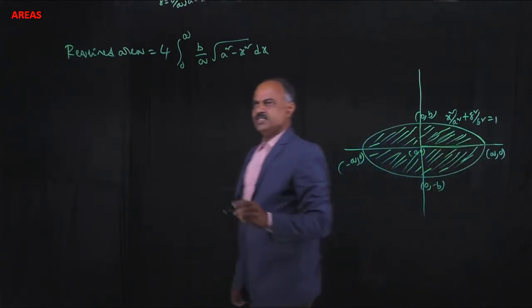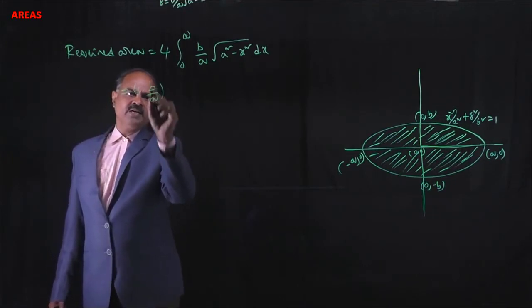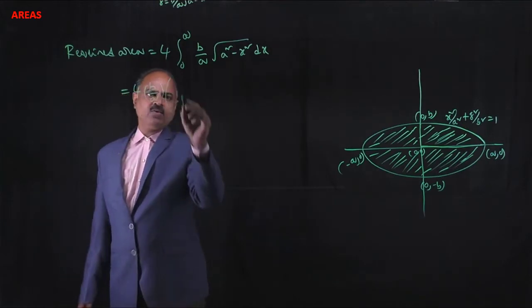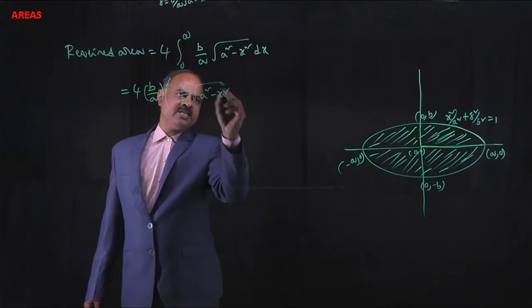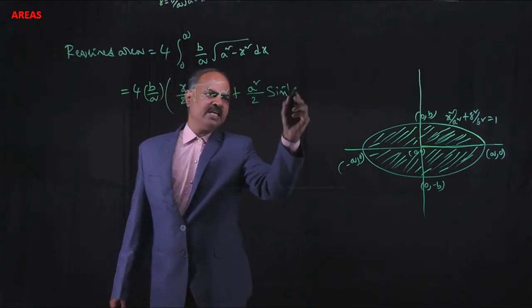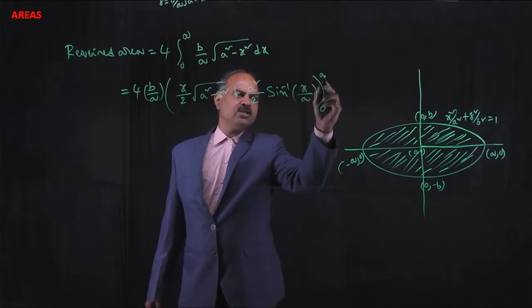Now here this is equal to 4 into b by a into integral of square root of a square minus x square, which equals x by 2 into square root of a square minus x square plus a square by 2 into sin inverse x by a, limits 0 to a.